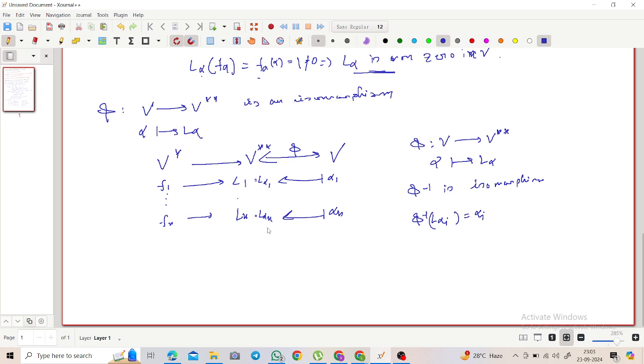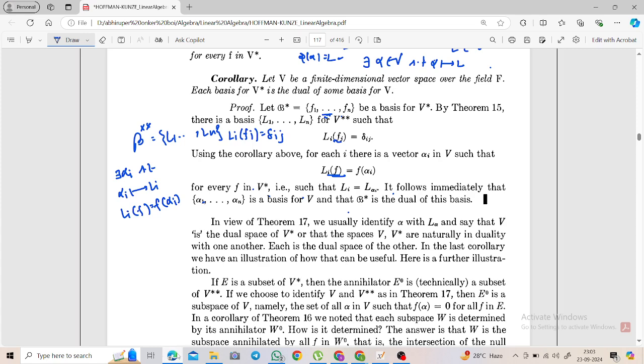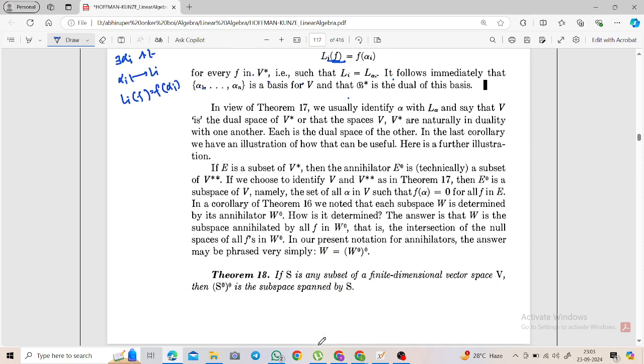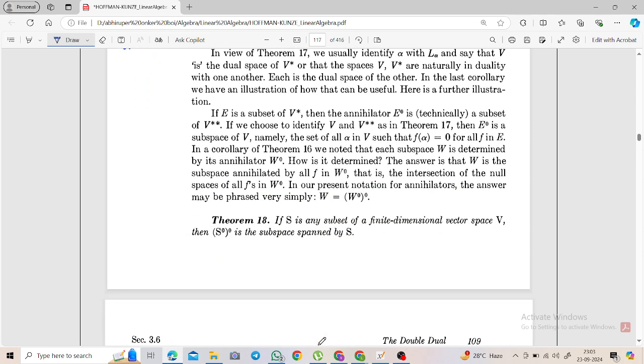Since L alpha 1 to L alpha n is linearly independent, the image is also linearly independent because of the isomorphism. Okay. Please read these two paragraphs.